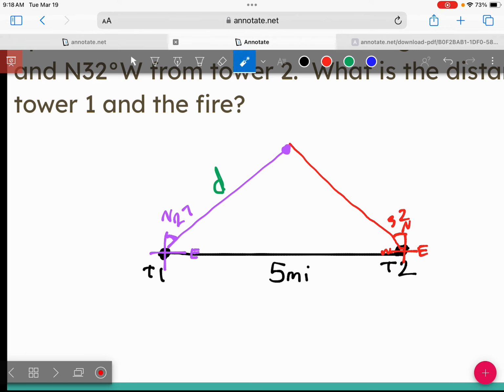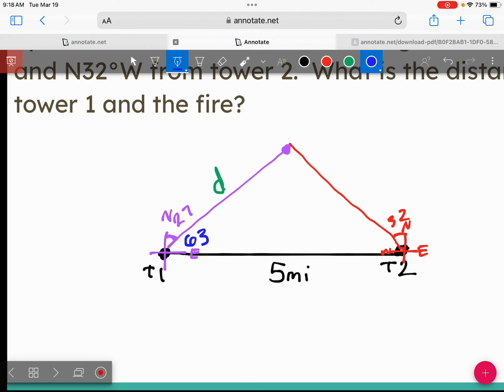So let's look at Tower 1's angle. I know it was 27 degrees off of true north. So what is this angle between our ray here and east? 63. It's 90 degrees, so it's complementary, not supplementary. So this is going to be 63 degrees here.